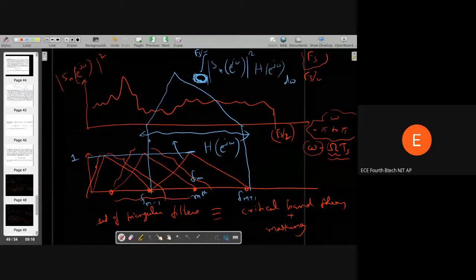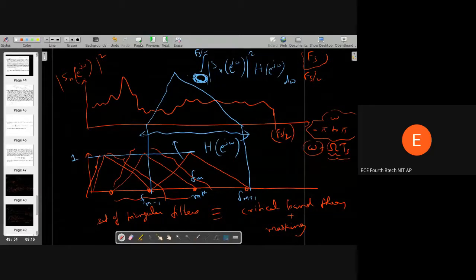We have said that we generally use around 24 filters in a Mel filter bank.